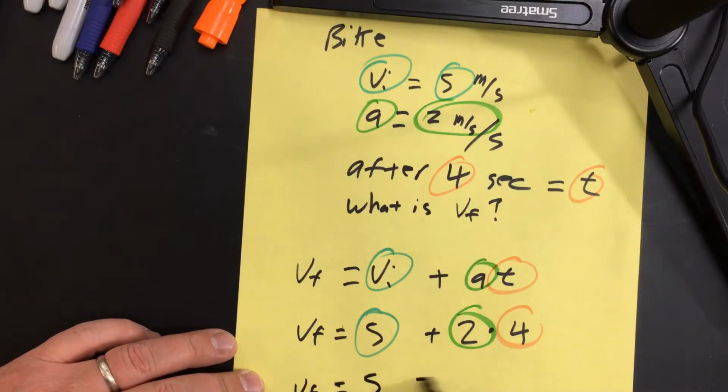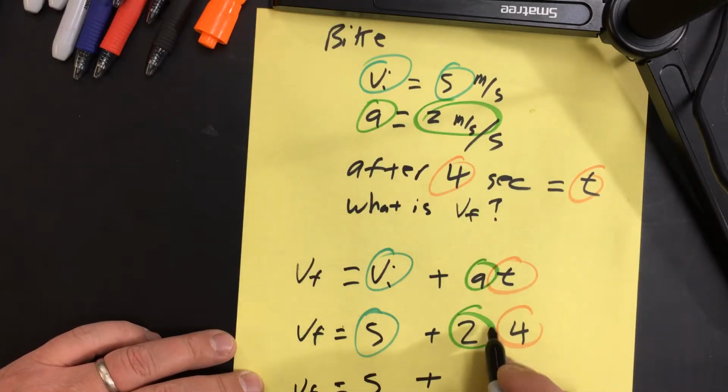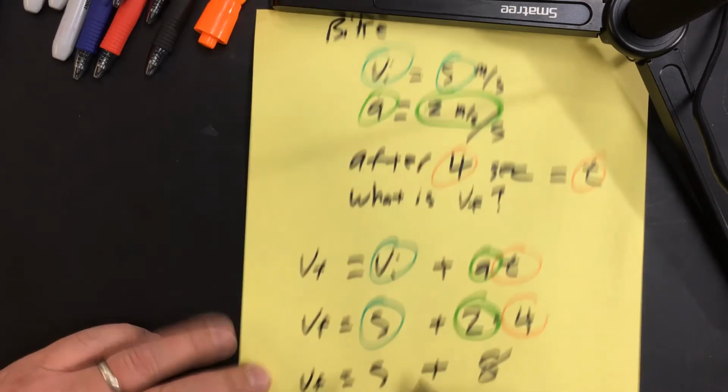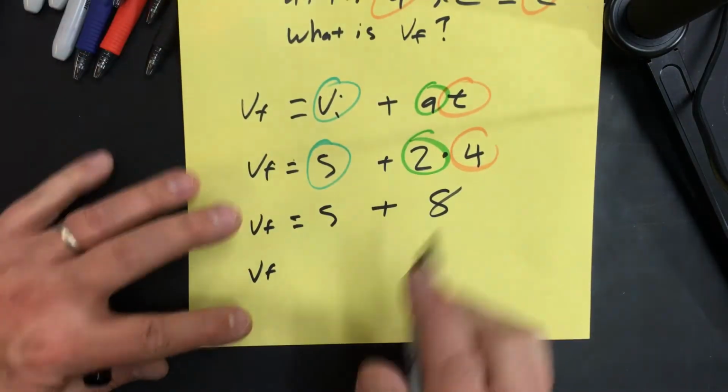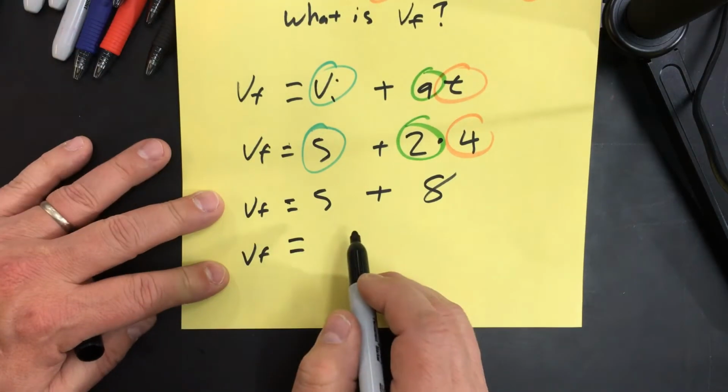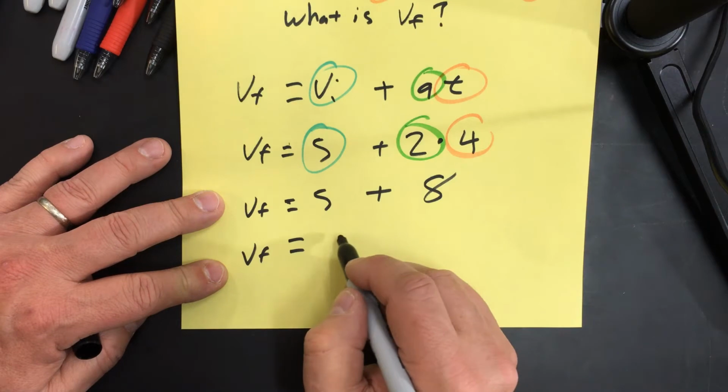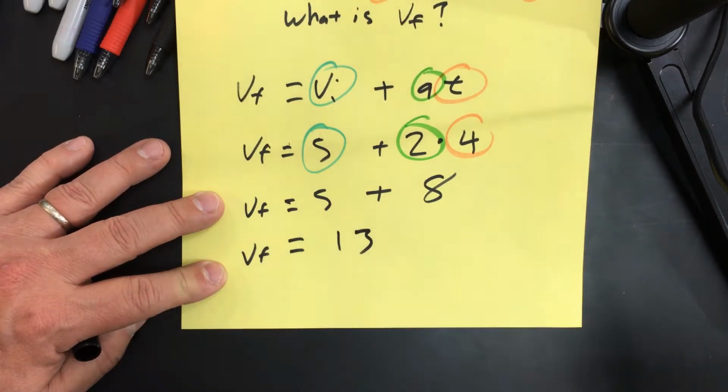I can do this in my head. 2 times 4 is 8. Initial velocity is 5, so v sub f equals 5 plus the change in velocity, which is 8. 5 plus 8 is 13.